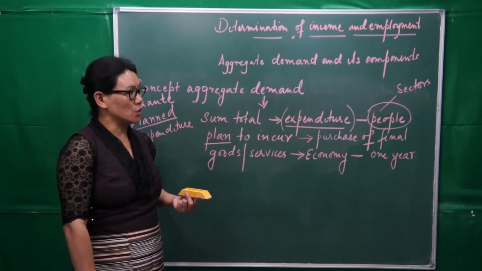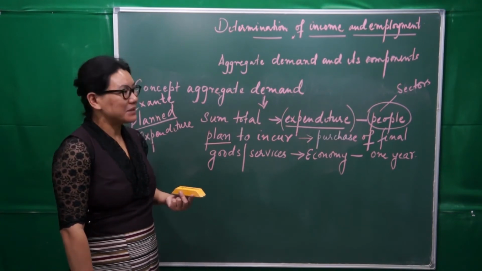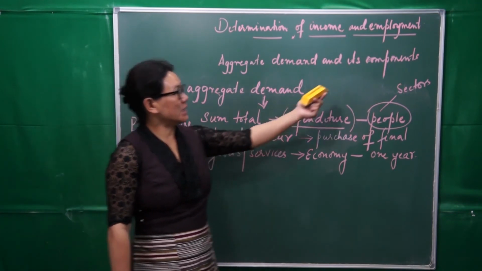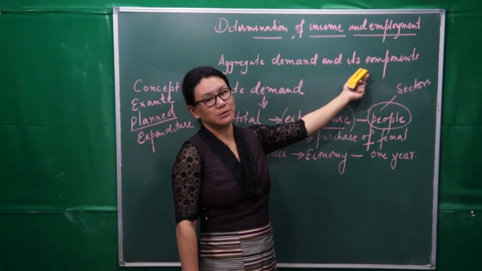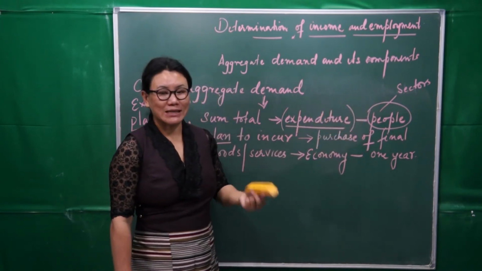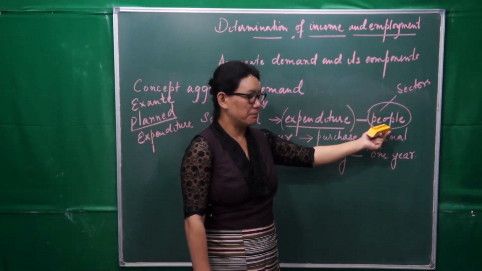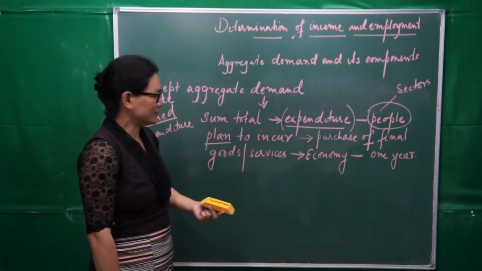And who are those sectors, or who are those people, that we are going to study in the components of aggregate demand. Is that clear? So in this, for sector, I will be using people here.